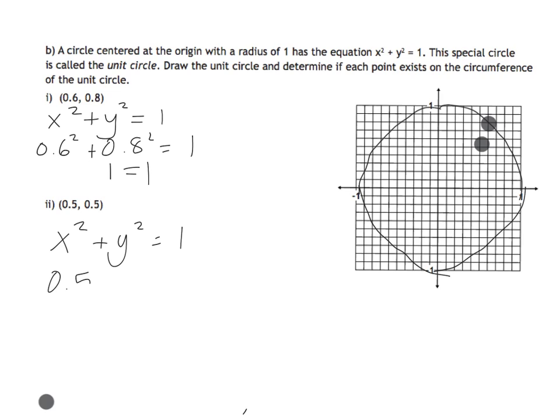I think we already know the answer, but 0.5 squared plus 0.5 squared is just 0.5, which does not equal 1, which means this one is not on the circle, which is what it looked like anyway when we plotted the points.